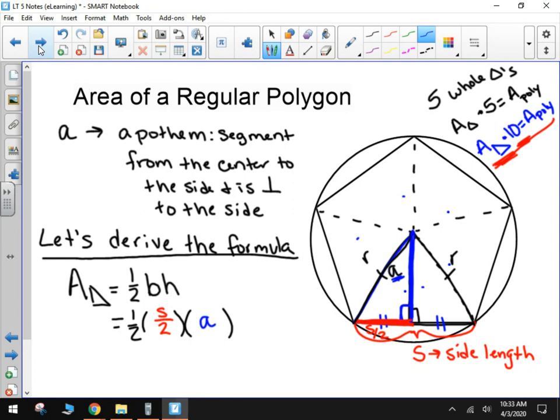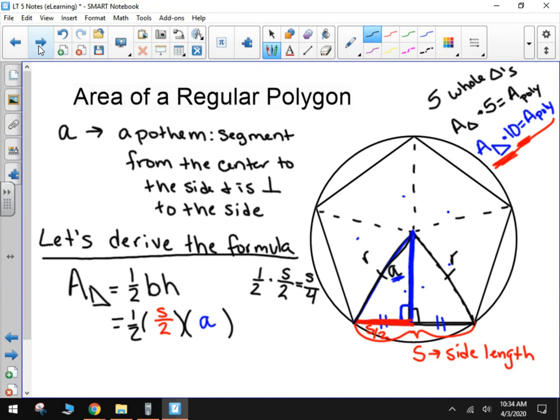Okay. Now I'm going to simplify this down a bit. Okay, I have 2 fractions here. I'm going to do some work off on the side. I have 1/2 times the side over 2. Okay, remember when we multiply fractions, we multiply across, so the tops multiply. 1 times S is just S. And I multiply 2 times 2, which is 4. Okay.